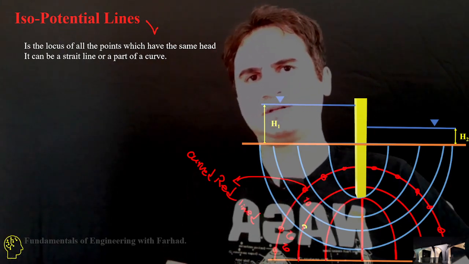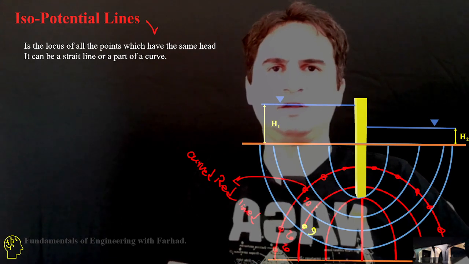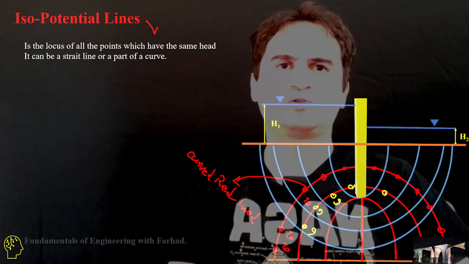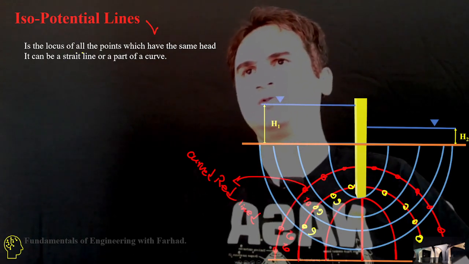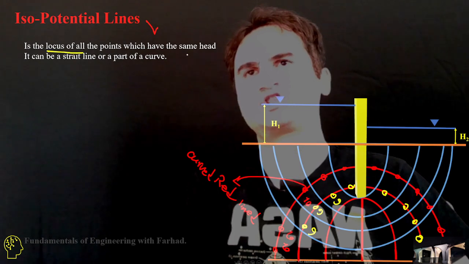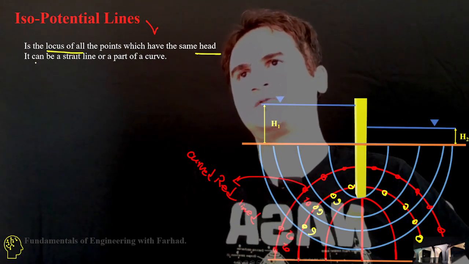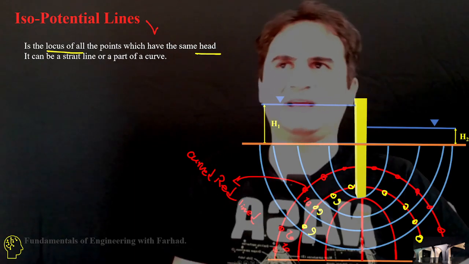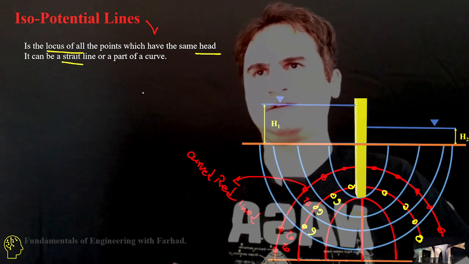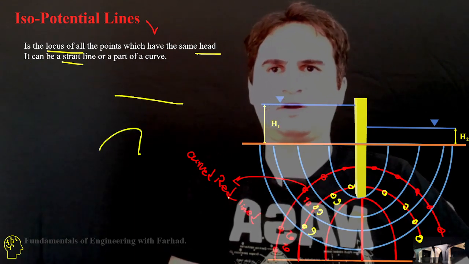For example, if this line is 9, we have 9 meters of water head at each location, and that's the locus of all points sharing the same amount of water head. It can be a straight line or a curved line.